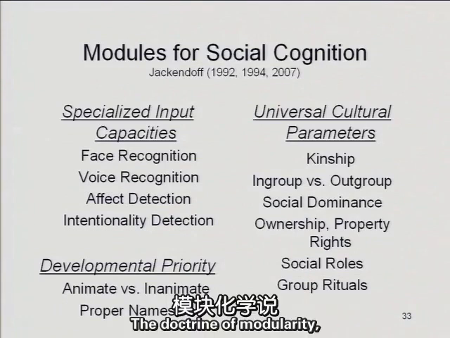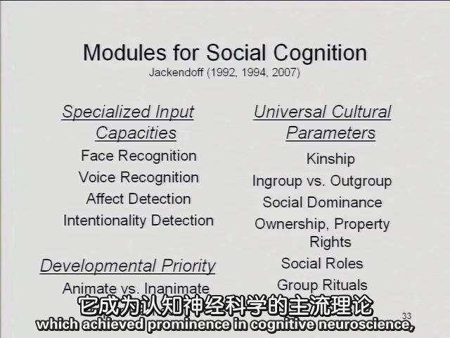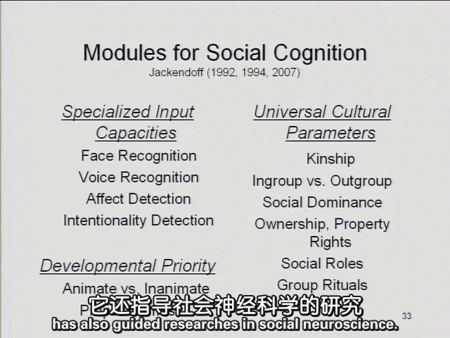The doctrine of modularity, which achieved prominence in cognitive neuroscience, has also guided research in social neuroscience.